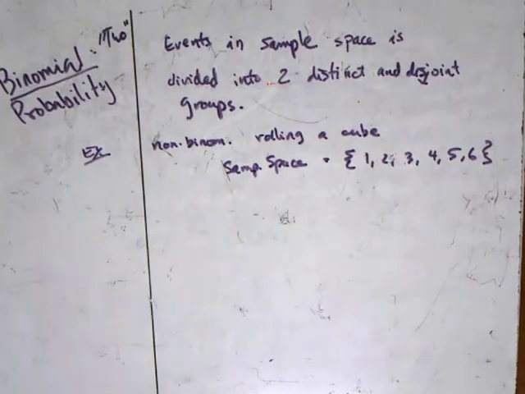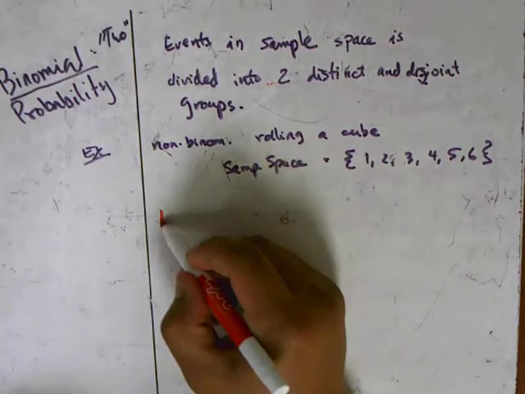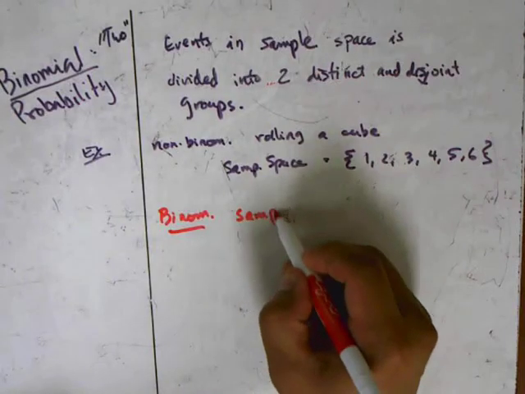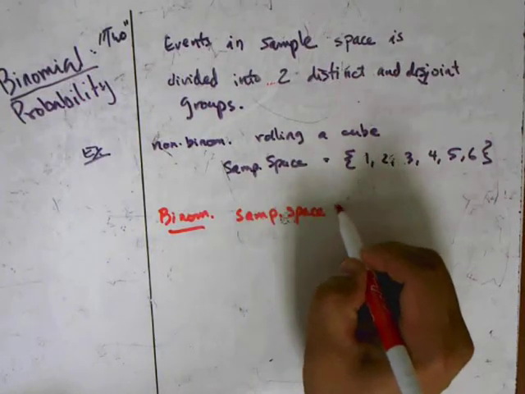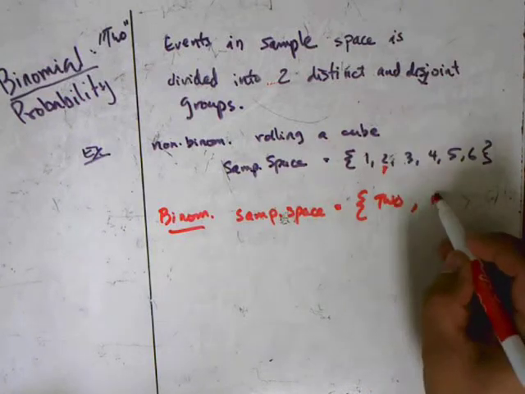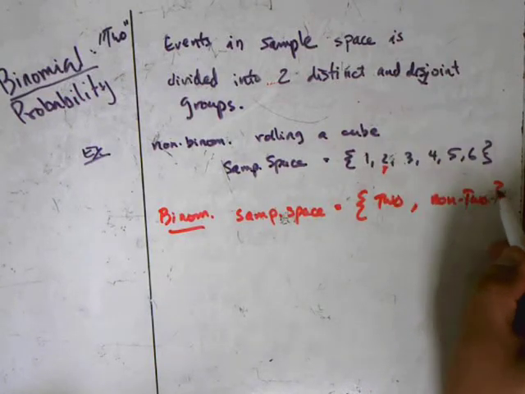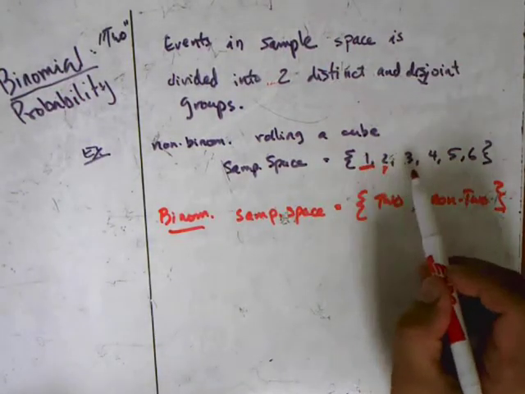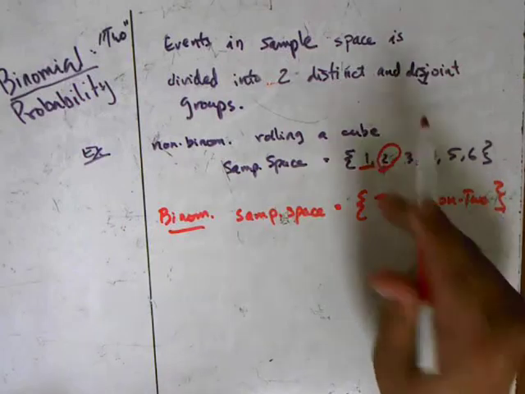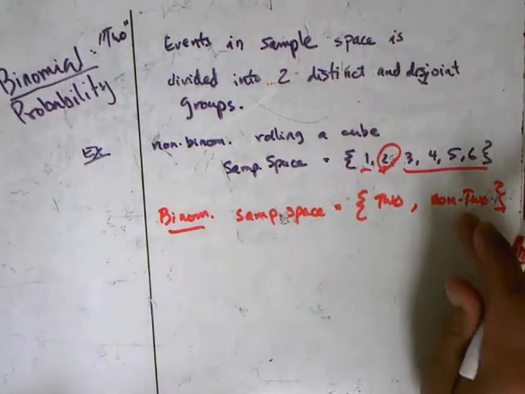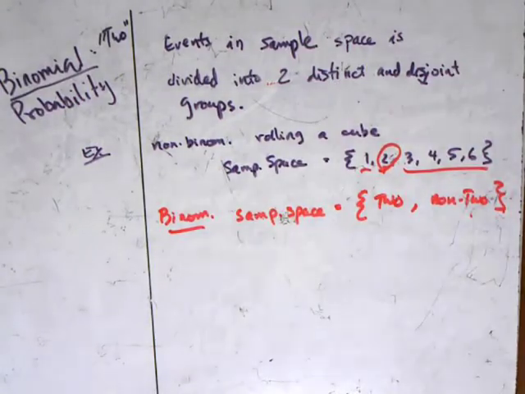The binomial version of this would be if this was our sample space: let's say we get a 2 or a non-2. So in other words, I take the 2 and make it its own event, and then I make everything else fall into this non-2 category. So that's the definition of binomial probability.